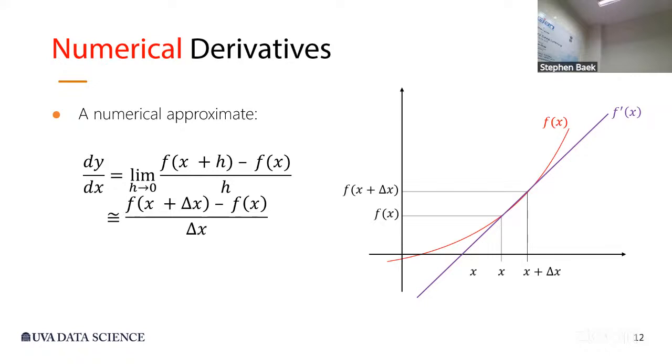Probably the easiest thing is to stick with the original, continuous definition of the derivative, except that because we cannot consider infinitesimal quantities inside of computers, we replace h with some relatively large, but still sufficiently small, segment delta x. And in that case, we can approximate dy/dx using this formula over here.